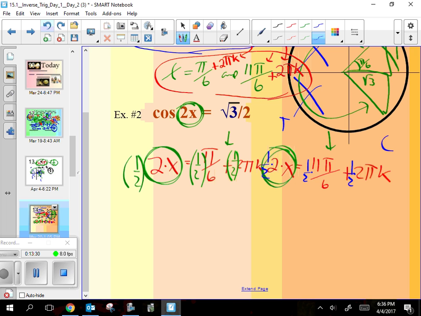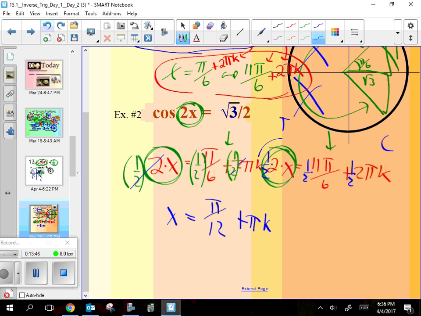And then this cancels, and x equals pi over 6 times 2 is 12, plus the 2 pi k, the 2 and the 1/2 cancel, and it's just pi k.